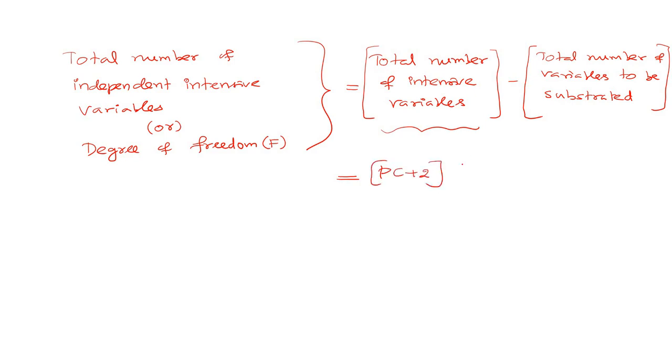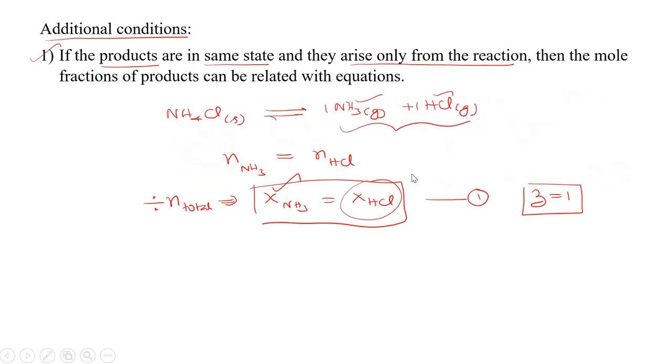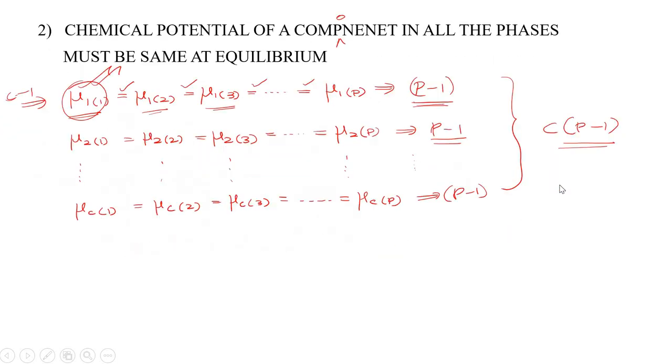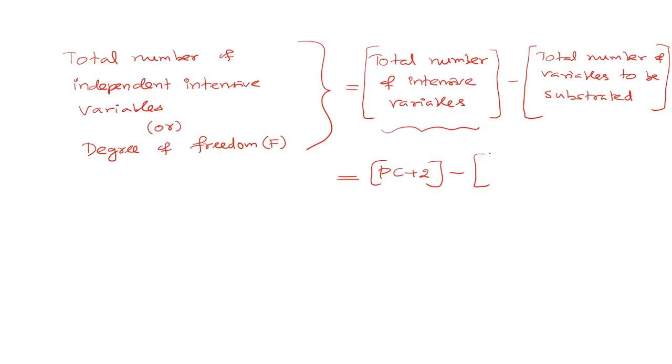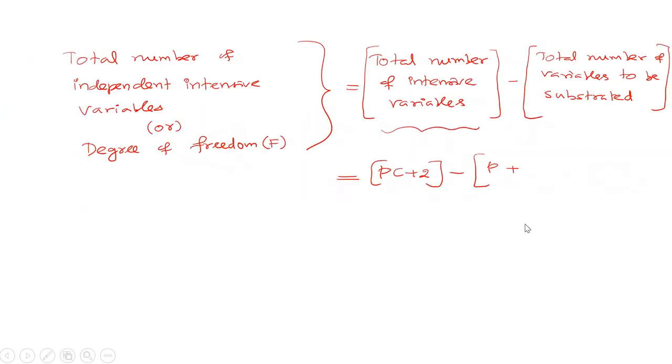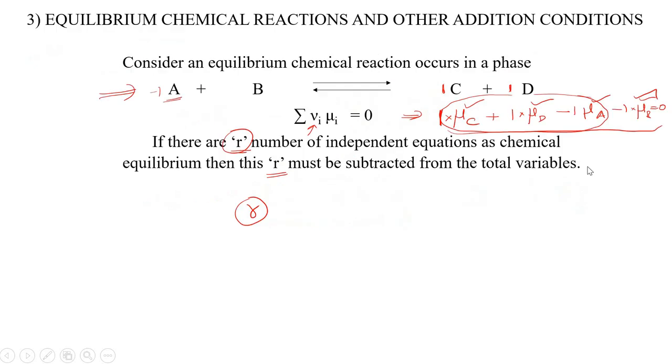This is the total number of intensive variables minus the total number of variables to be subtracted. What are they? Using the first equation we can subtract P variables, plus using the second equation we can subtract C into (P minus 1) variables. Plus, if the system is a reactive system, then the third condition, equilibrium, will arise.